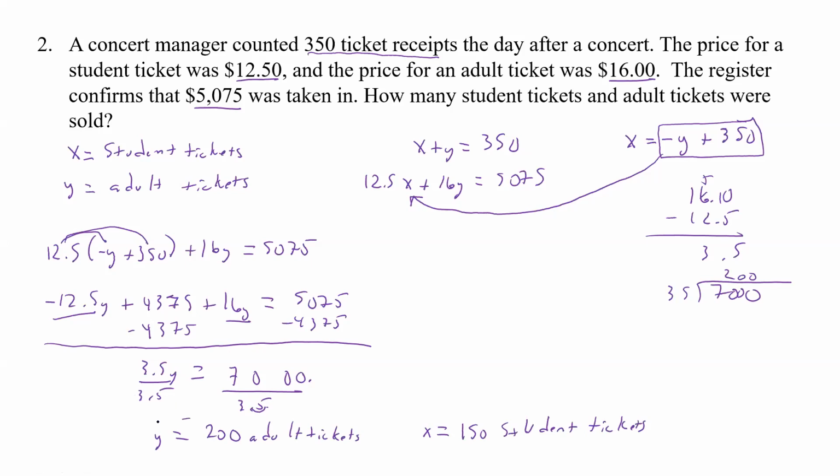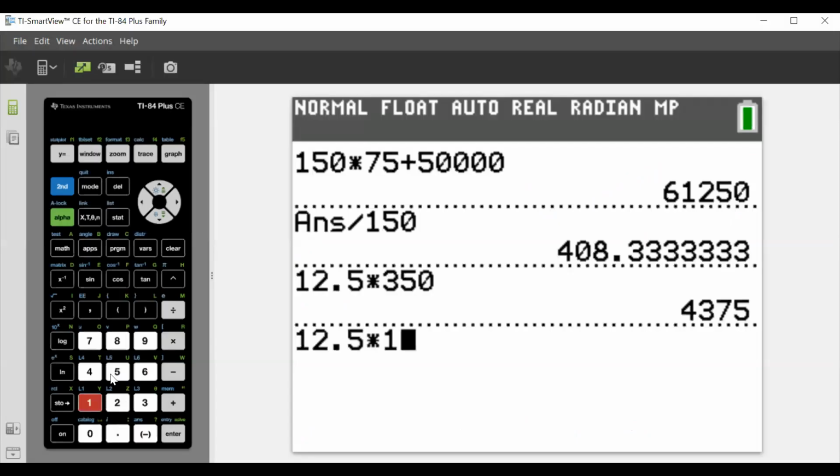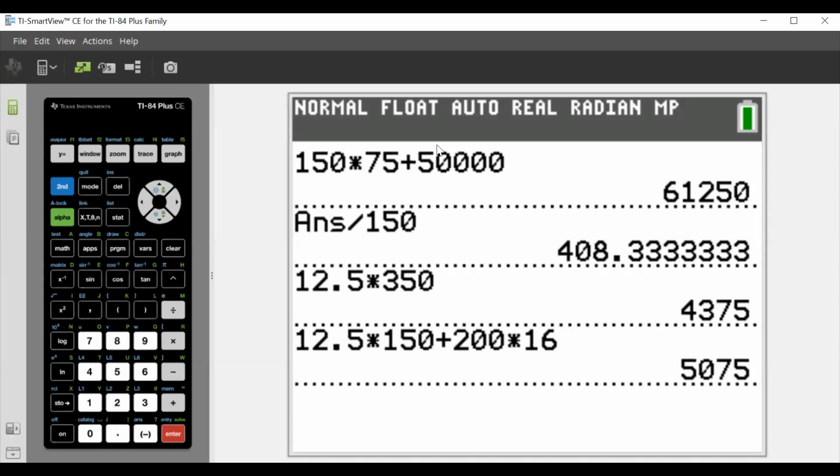And so those are the two items they're asking for. And then the only other thing to do would be to check. We take each of them and multiply by their respective values to see if it adds up, because we know the first check, X plus Y, equals 350. So now we just have to do the second check. We'll take the 12.5 times the 150 plus 200 times 16, and we get 5075, which is what we were supposed to get. So those both check out.